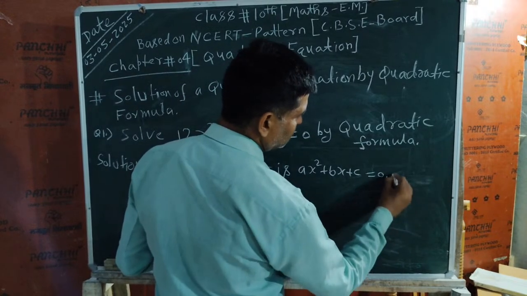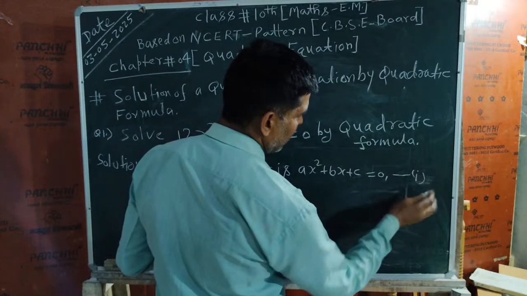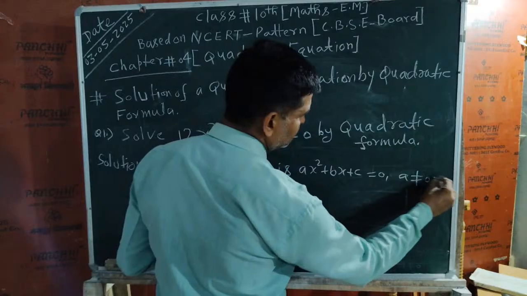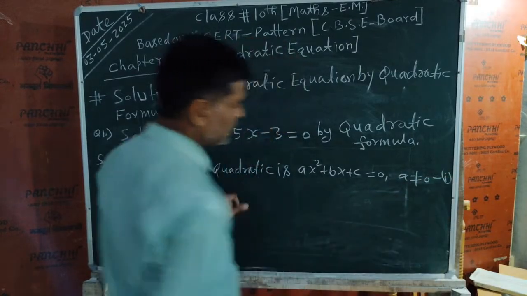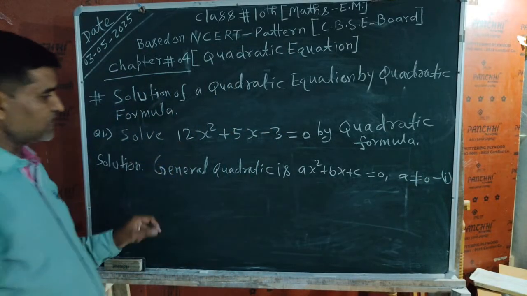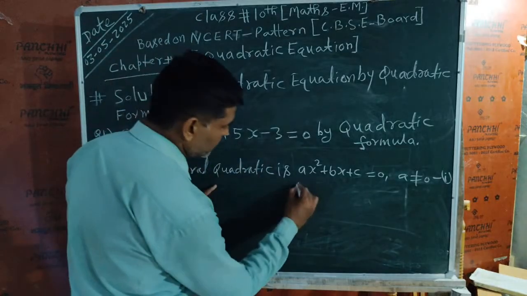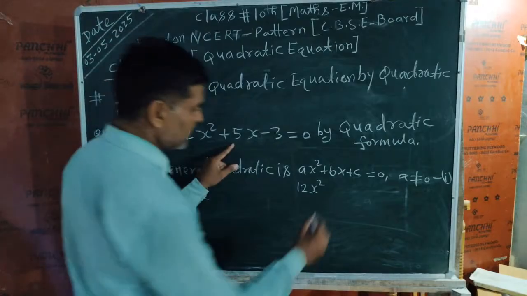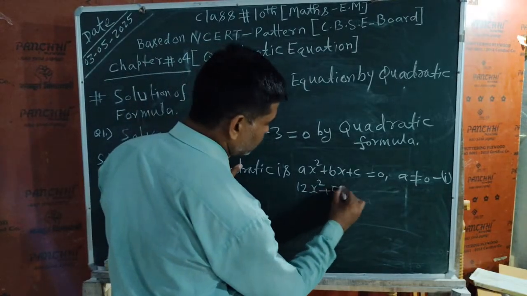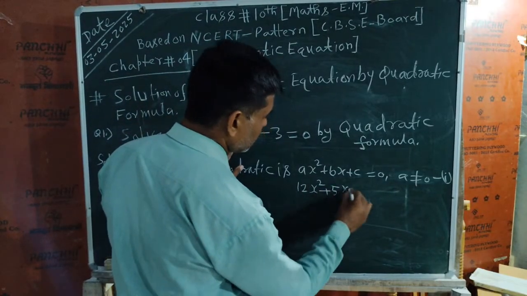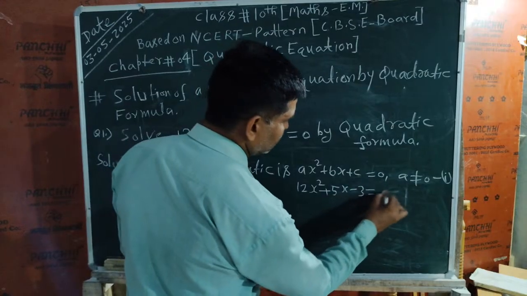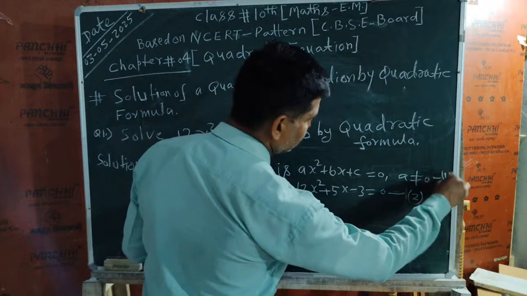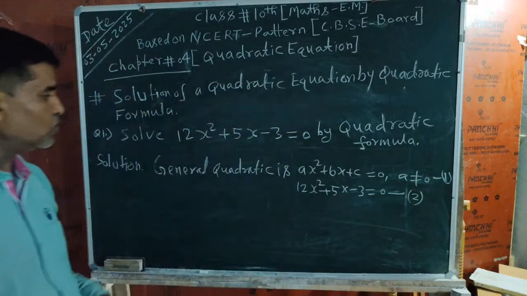I will say this is equation number 1, and in this case a cannot be 0. Now the particular quadratic equation is given, so I will write that here: 12x square plus 5x minus 3 is equal to 0. I will say this is the second quadratic equation, which is given in the question.